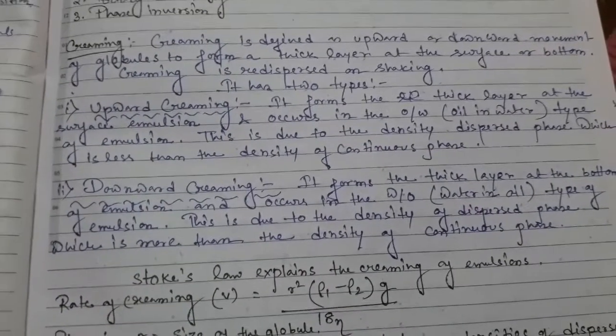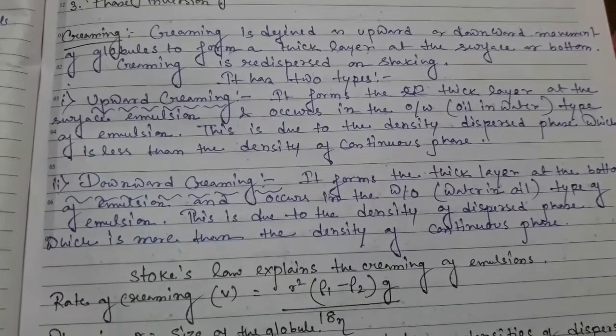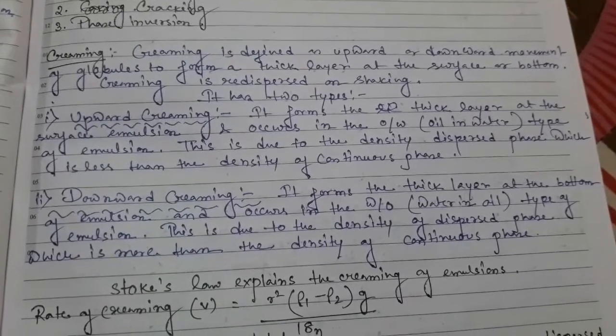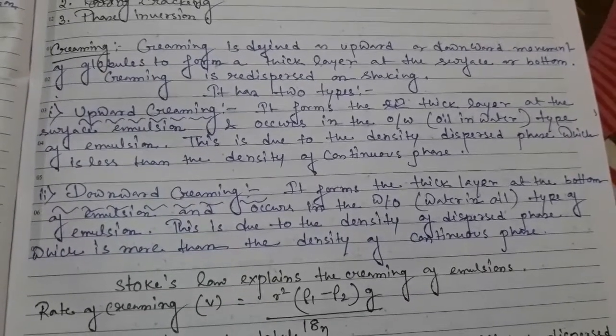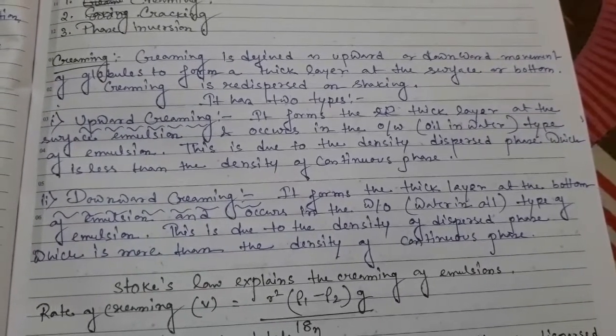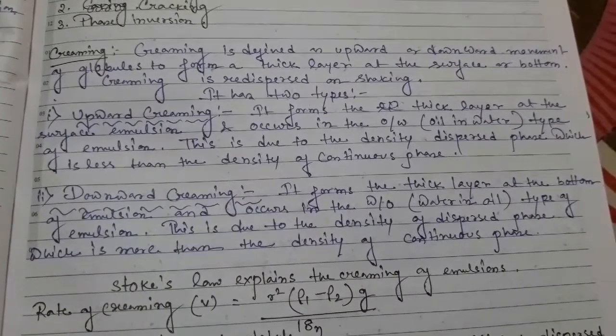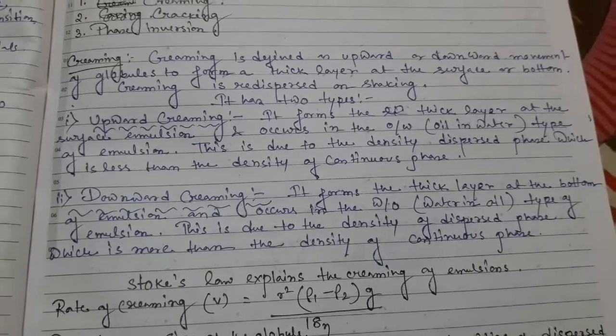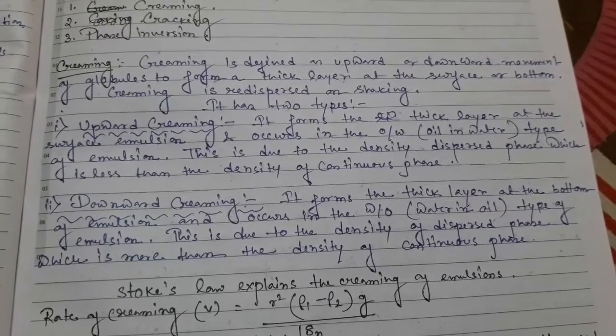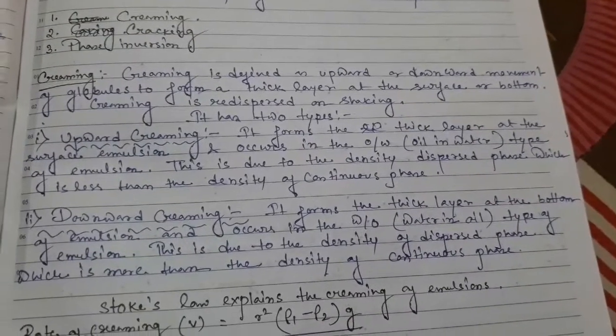There are two types of creaming: upward and downward creaming. Upward creaming forms a thick layer at the surface of the emulsion and occurs in the oil in water type of emulsion. Downward creaming occurs in the water in oil type of emulsion, and it is also a thick layer, at the bottom of the emulsion.